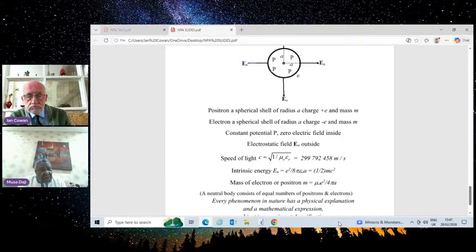The electrostatic forces of attraction and repulsion from two neutral bodies cancel out. Exactly. But the gravitational force of attraction between the masses of the charges remains. This should be a better explanation of gravity than the warping of the space-time continuum in general relativity.